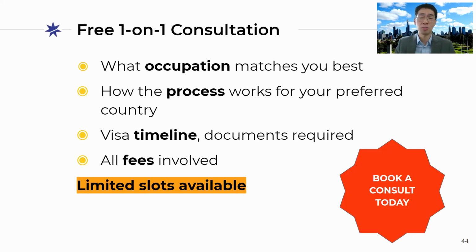Importantly, what documents are going to be required. Documents vary from occupation to occupation and country to country. So it's good for us to go through exactly which sets of documents you're probably going to need. And then we'll go through a breakdown of every fee involved for your application and how that fee is broken down over, let's say, an 18 to 24 month period, just so you see, because it is broken down stage by stage. It's not necessarily in one giant lump sum, all right?